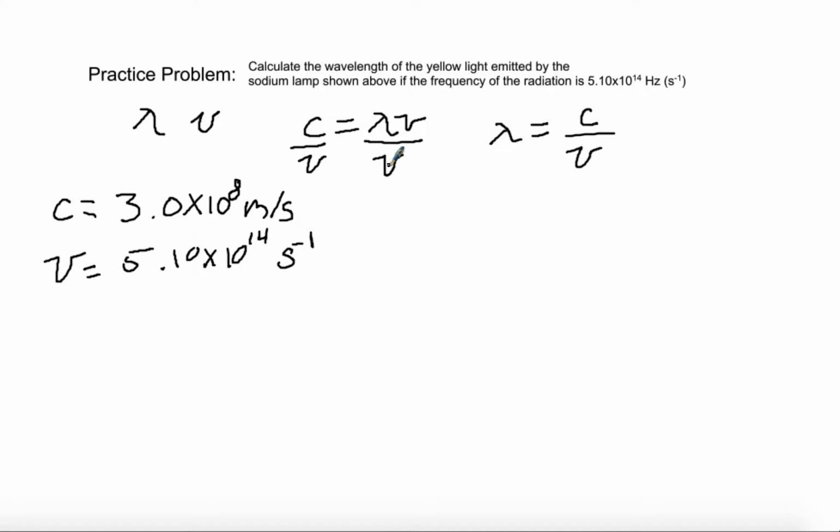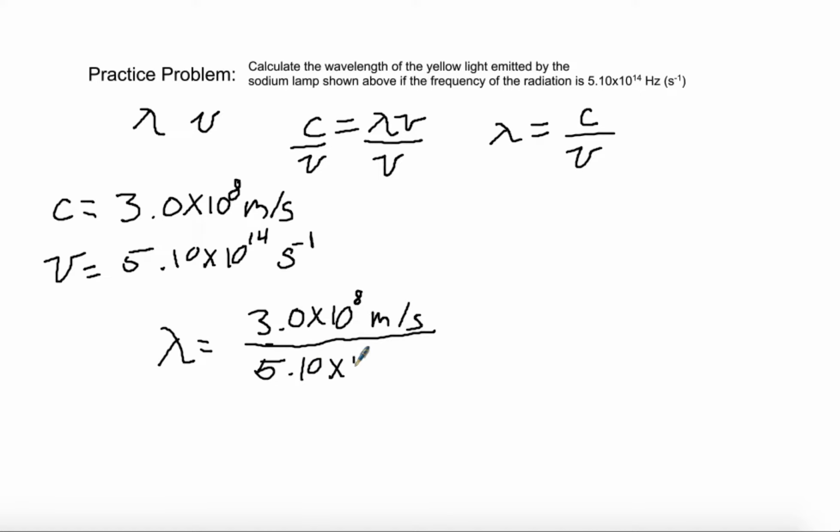If you're into electronics, it's basically just telling you how many times that wave is going to repeat itself. So just plugging this information in, lambda is going to equal 3.0 times 10 to the 8th meters per second divided by 5.10 times 10 to the 14th inverse seconds. We're going to use that so we can see how the units are going to cancel out.